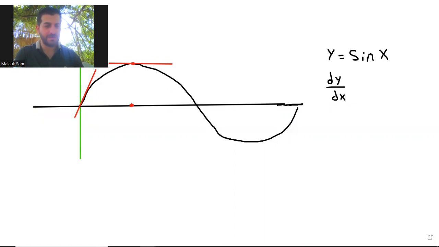And it goes down to reach 0. Then, if we take a point here, this line, the tangent, makes an obtuse angle with the positive direction of the x-axis, so the derivative here is negative at this point, for instance.